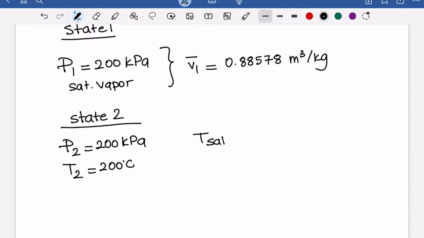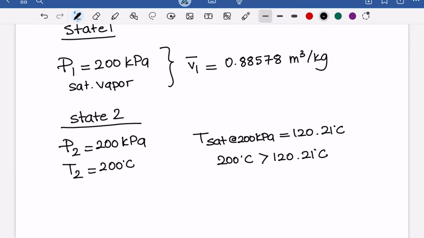The saturation temperature at 200 kilopascal is 120.21 degrees Celsius. What does that mean? That means that we already passed that temperature because your temperature is 200, which is bigger than the saturation temperature. And therefore, what that means is you have superheated vapor. So we actually confirmed what the problem statement was already trying to say.